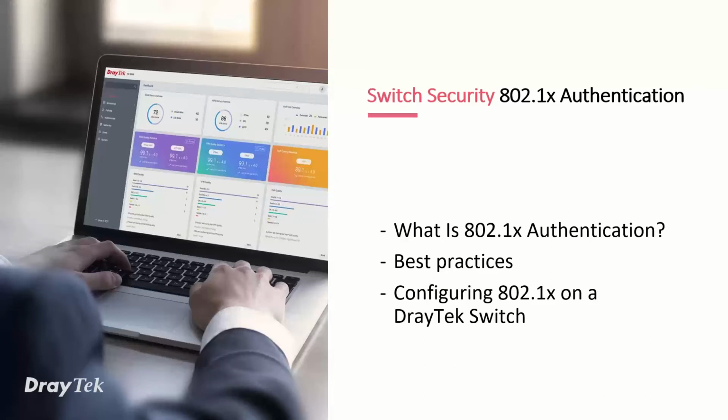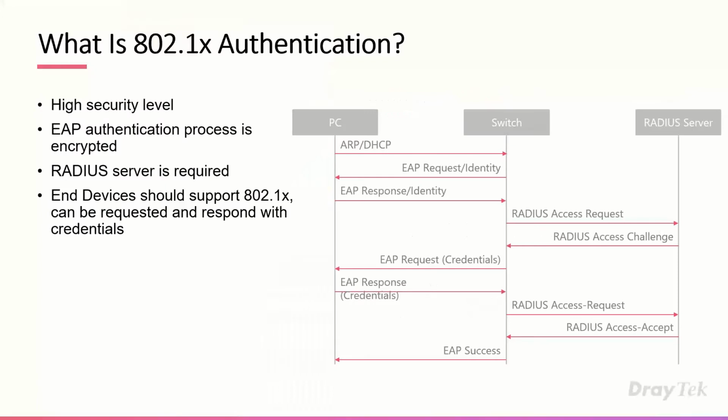Now let's have a look at 802.1x authentication. This is my preferred method of switch security, to be honest. Let's quickly have a look at what 802.1x authentication is. Simply put, it provides an authentication mechanism to devices wishing to attach to a LAN or wireless LAN.